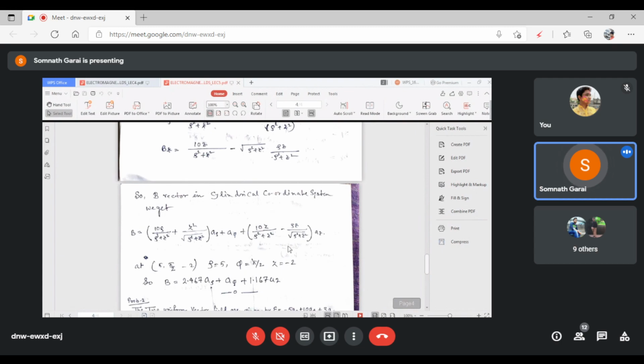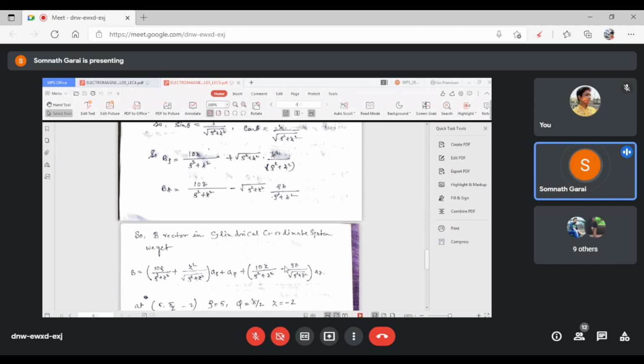Now, our vector representation at the point 5, pi by 2 and minus 2, that means rho is equal to 5, phi is equal to pi by 2 and z is equal to minus 2.